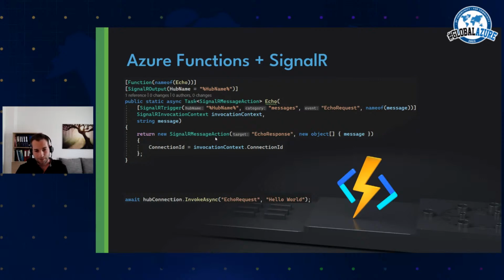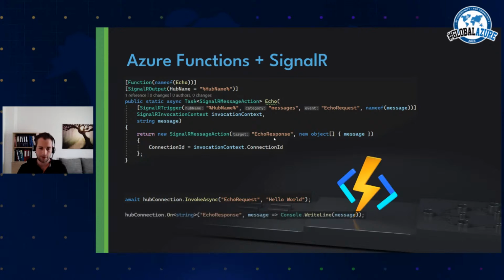From the client side, we can invoke this Azure function by using our hub connection and using the invoke async method, passing the method name. So this will map to this parameter here, and one or more parameters. In this case, this will map to the message parameter. And as I just explained, this function will then invoke a function on the client as well, the echo response function.